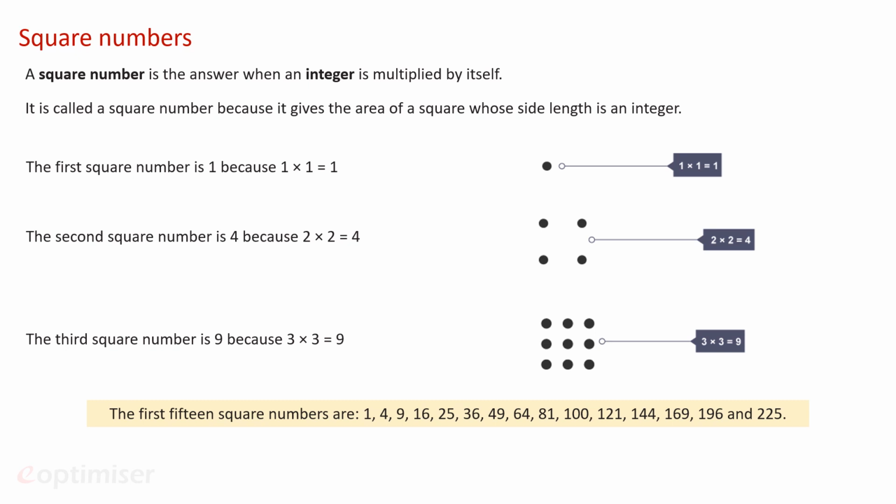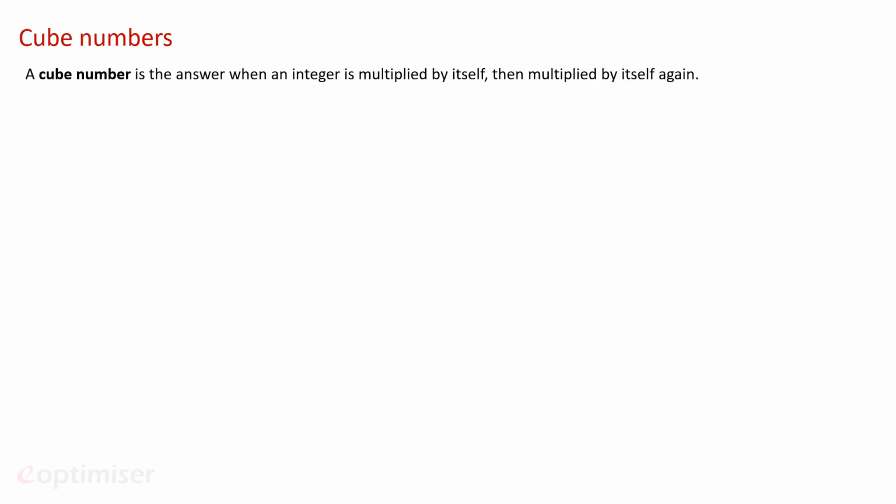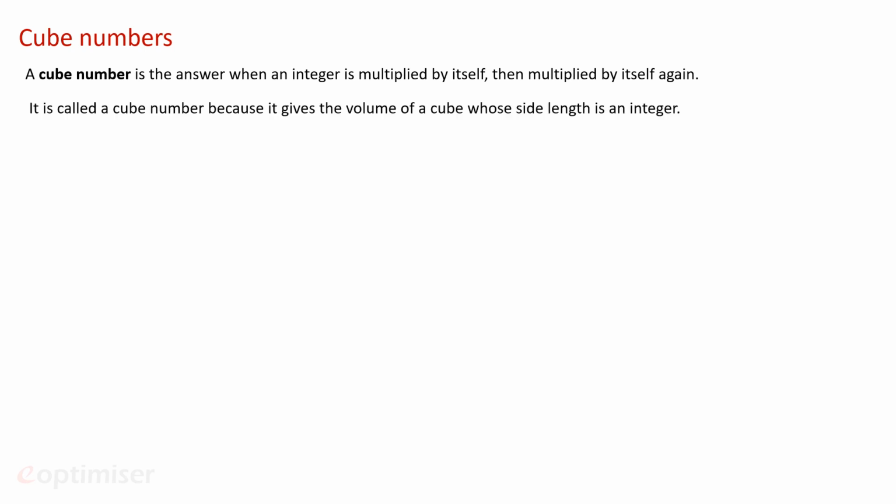So what are cube numbers? Like square numbers, cube numbers involve three times: one number multiplied by the same number, again multiplied by the same number. Then you get the cube number. So 1 into 1 into 1 is 1.